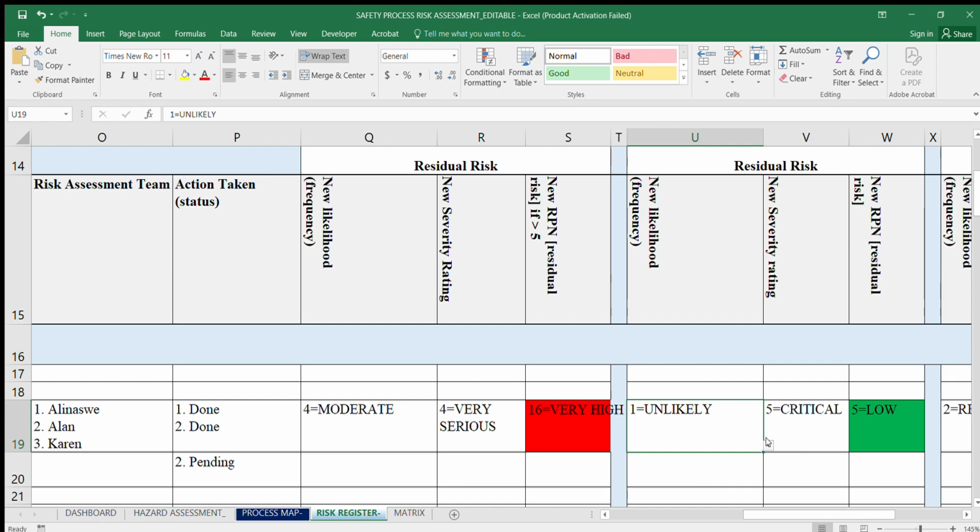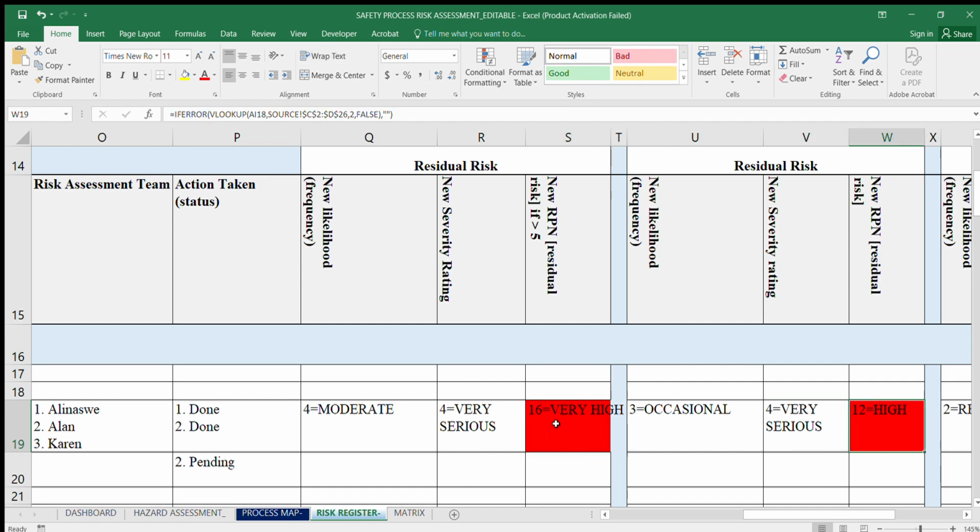Now, this means that your likelihood will at least reduce from moderate to occasional. So if your likelihood reduces from moderate to occasional, and this was very serious, it means that your risk is still very high. But the difference between these two risks is that this is very high, this is high.